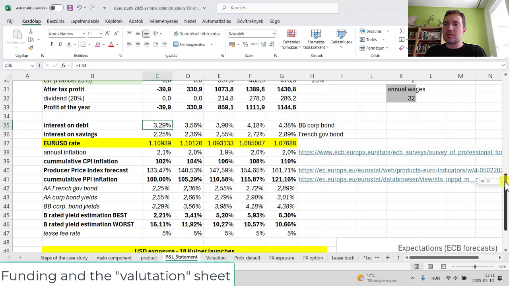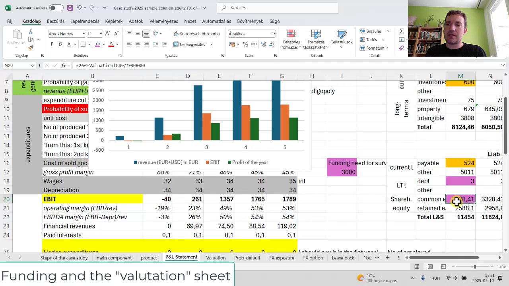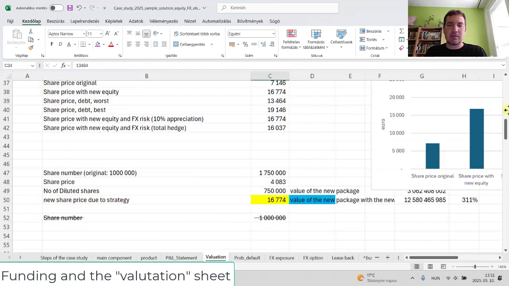Or if I'm focusing on equity financing, which is already here, so we need this amount of money, and then the common equity will be increased. Then I just have to see that, okay, we had 1 million shares, so that was the previous share number. It will be increased by this one.